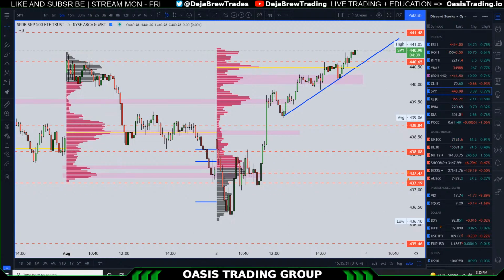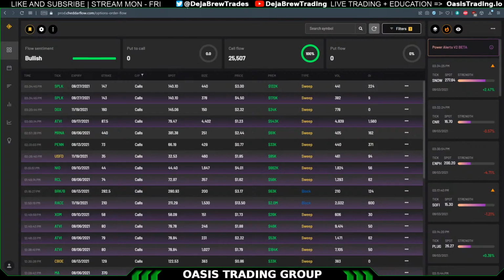How much is Sierra Charts nowadays? Let me go take a look. The one downside to Sierra Charts that I've seen across the board that people say is it's very complicated and complex because it's a boomer platform. That platform has been around for a long time, and they haven't done very many updates.